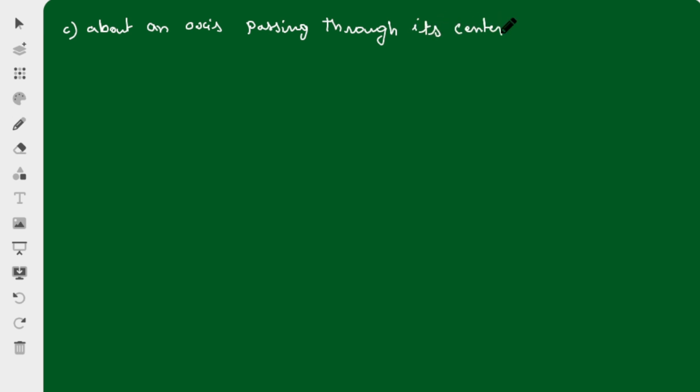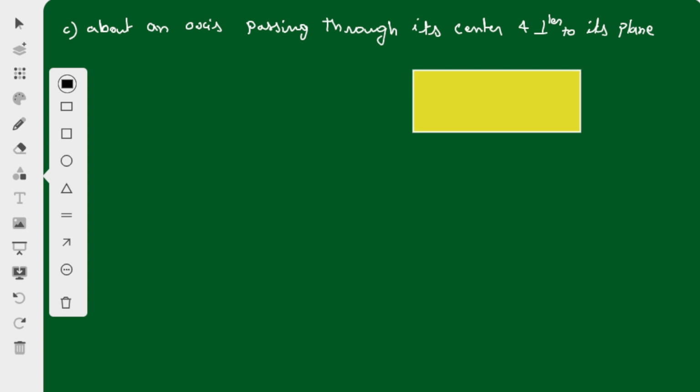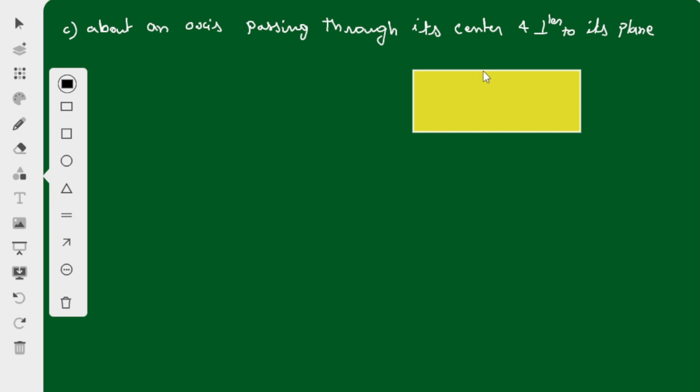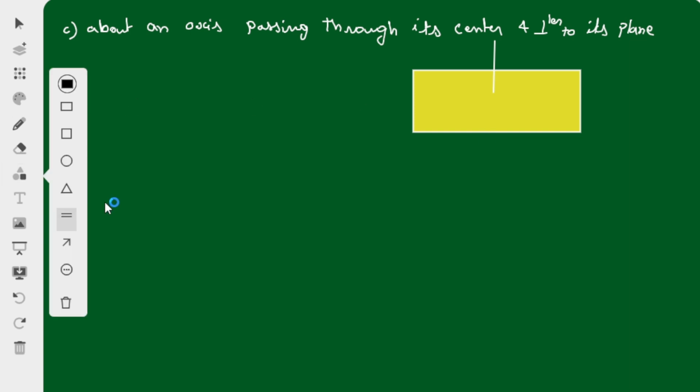So now consider, we are considering the same lamina as we did earlier. For this lamina I'll draw an element, and I'm showing that the rotational axis is passing perpendicular to the plane, right? And it is exactly at the center of the lamina, right?